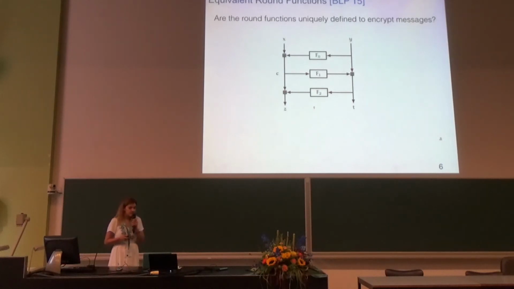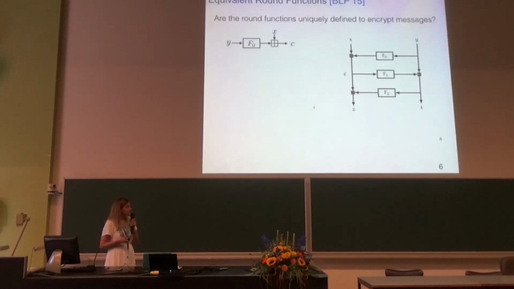I show you a 3-round Feistel network over here. It encrypts the message XY to ciphertext ZT in the following way. We take the right half of the message and input it to the first round function.